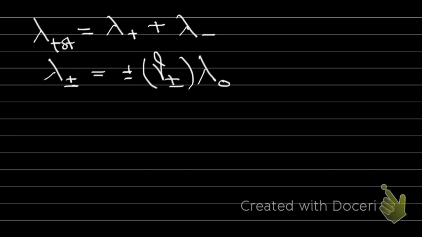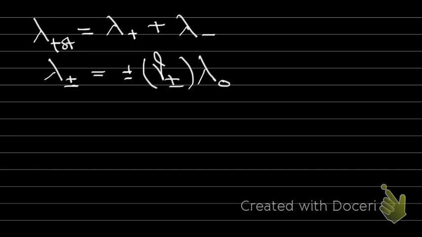Okay, so what I mean by that is think of it as you are that line of charge, and then lambda naught is the charge density that you yourself would see, right? So you are that line of charge, and the charge density that you would observe is lambda naught.